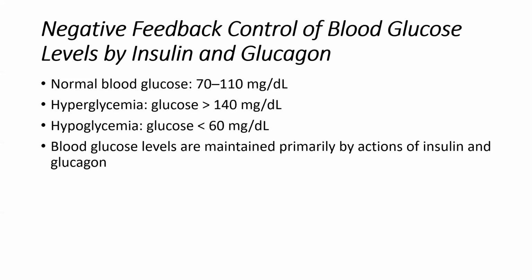If you haven't had a meal, your glucose still should not dip below 60. Glucagon should chip in and should help to keep your blood glucose between 70 and 110. If you've just had a meal, again, your glucose should still not go above 140. Insulin should chip in and help to keep your blood glucose below 110 within that normal range.